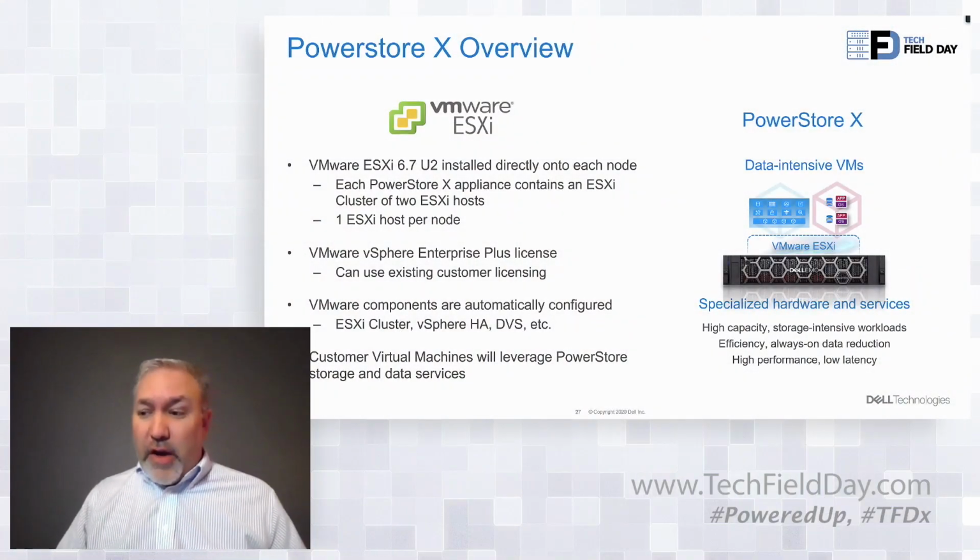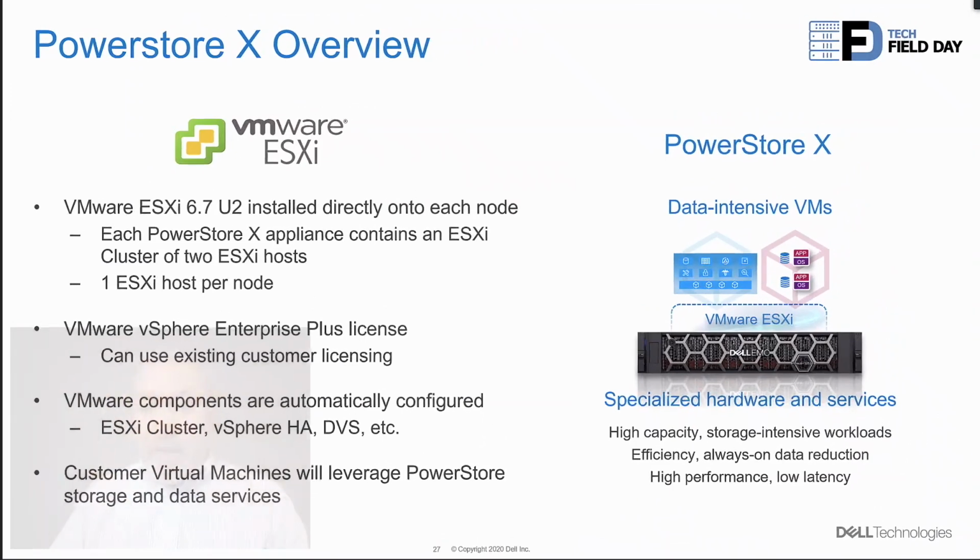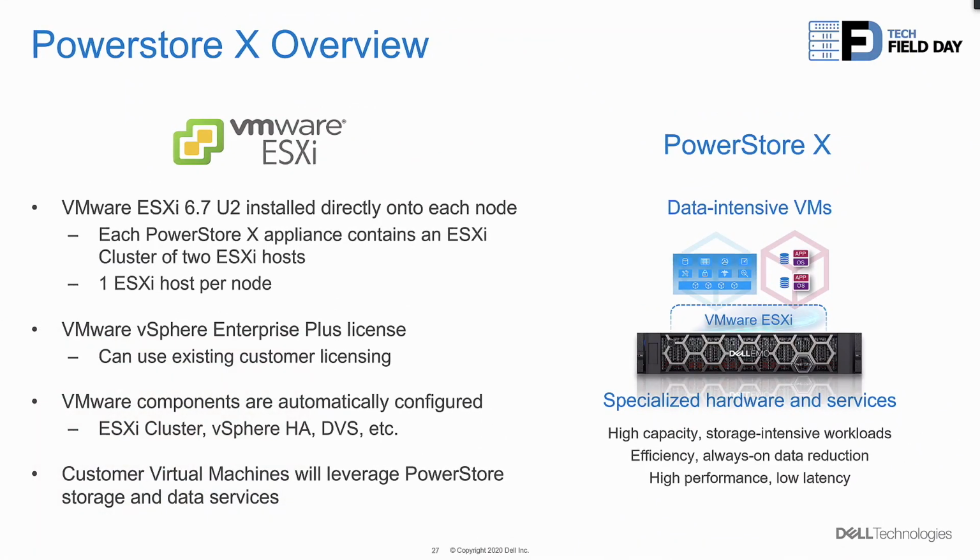Yeah, so let me answer the first question on the versioning. I threw up this slide, and this will give you an idea. The PowerStore OS for PowerStore X is a prepackaged bundle that comes with the validated version that we're supporting for ESXi. That is 6.7 update 2, as Dan mentioned earlier.